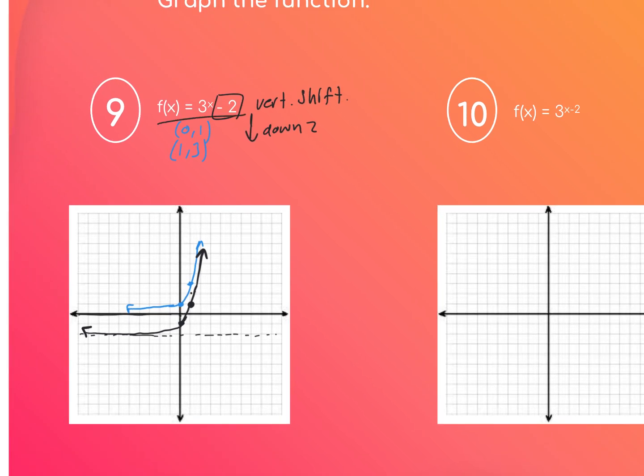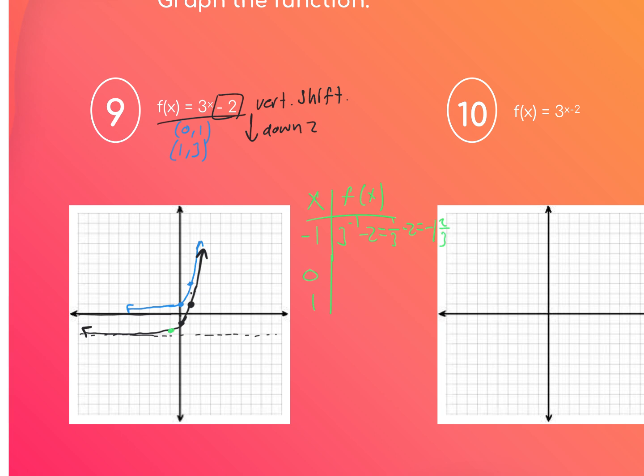Again, if you are confused with the transformations, make an f of x table. You don't need that many values: -1, 0, and 1. If you pick -1, you get 3 to the -1 minus 2, which is 1/3 minus 2. You're going to have to work it out a little bit, but really we just need a general point to guide us, and that's going to get us -1 and 2/3.